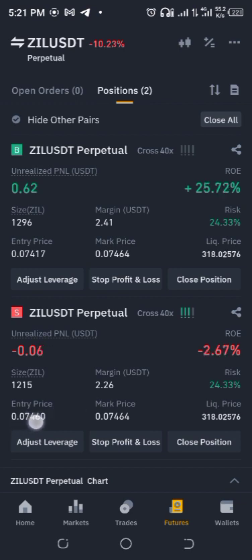You minus your entry from here, multiply by this, you will get what the value is right there. While the percentage here has a direct effect on the margin which you entered. 4% of this is this. So it is a two-way thing. The price that reflects here works with two features. It has the effect of this leverage and as well what is going on with the size and the entry price minus from the mark price.